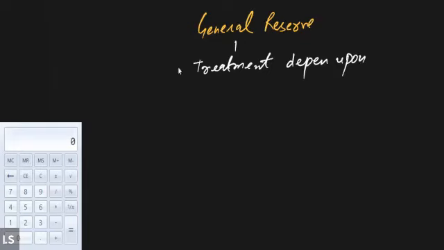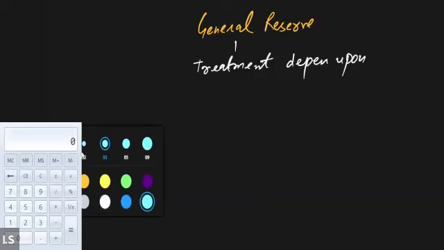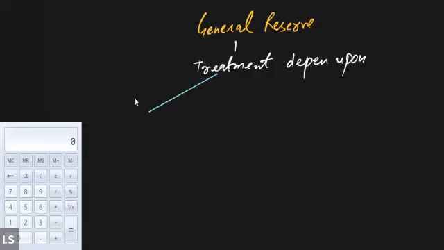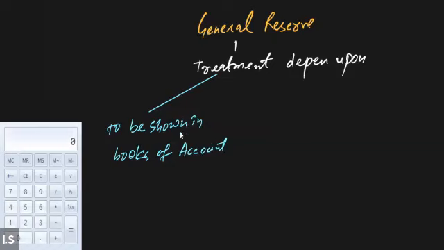It depends upon whether it is to be shown in the books of account in the future as well, whether partners have agreed to show the general reserve in the future books of account as well.